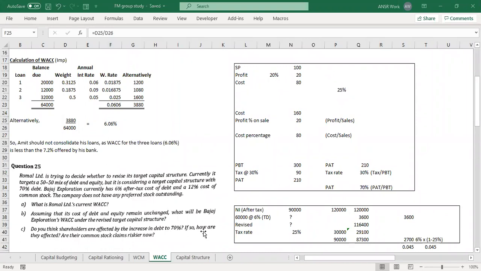If debt is 70%, equity must be 30, no? 50-50 was scenario one. They are saying there is another scenario where our target capital structure is 70% debt. Then equity has to be 30%, right? Yeah, correct.